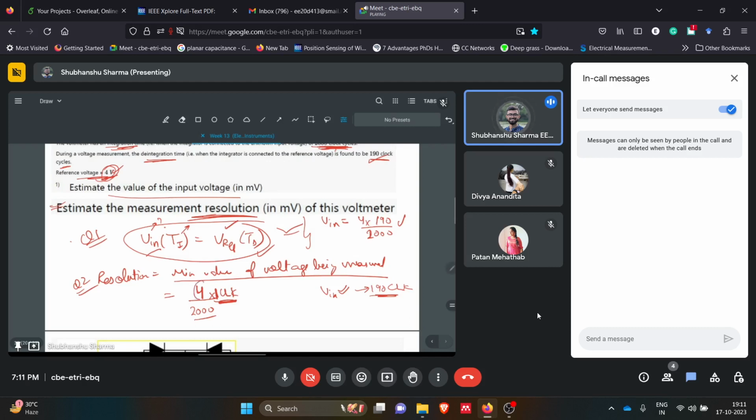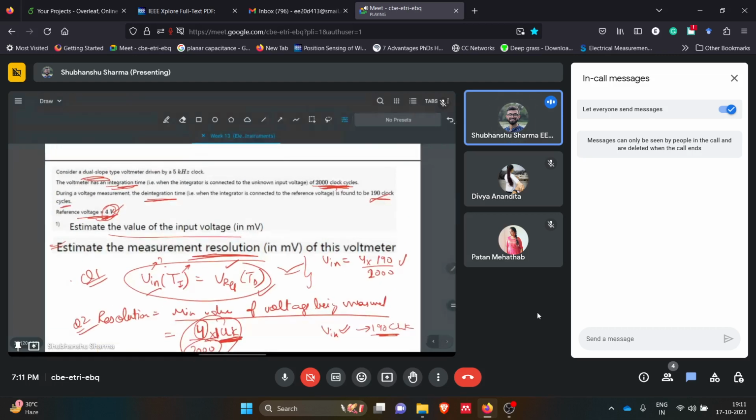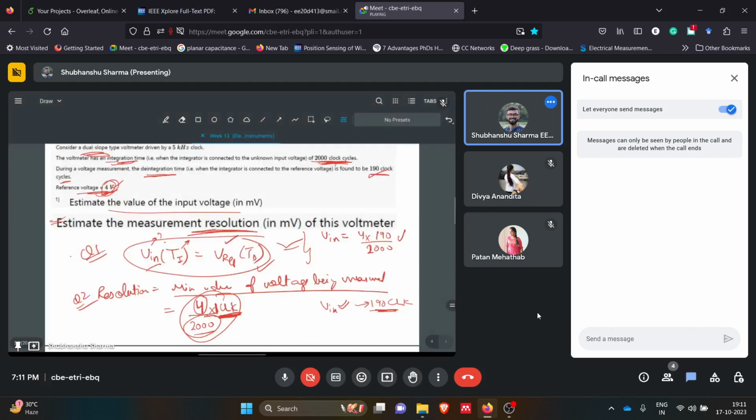We have the reference voltage and the integration time. This is the resolution of this dual slope. This has been told to you in lectures also. It will come in millivolts, I think 2 millivolts.